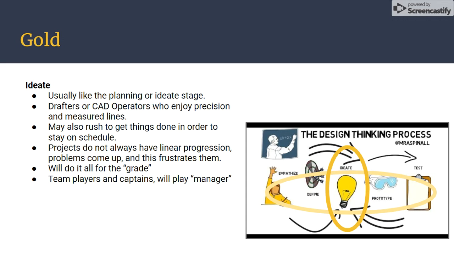What I see in classes is that they rush to get things done so that they can stay on schedule, and sometimes they overlook opportunities to make one aspect of the project better for the sake of time. All of us know as tech, robotics, and STEM teachers that projects don't always have a linear progression. There's data that says that in project, problem, and design-based learning, it's actually a big squiggle, a squiggle struggle of understanding. Then at the end, there's a solution to a problem or design challenge, and this can frustrate them.